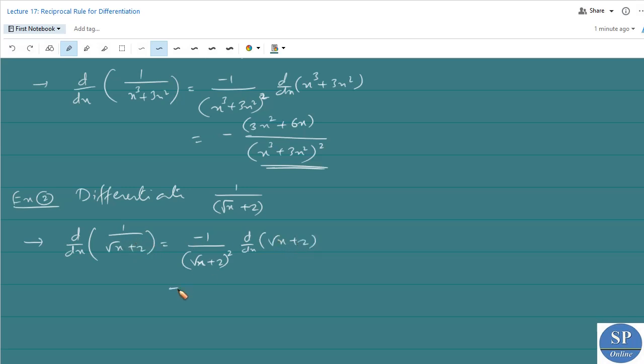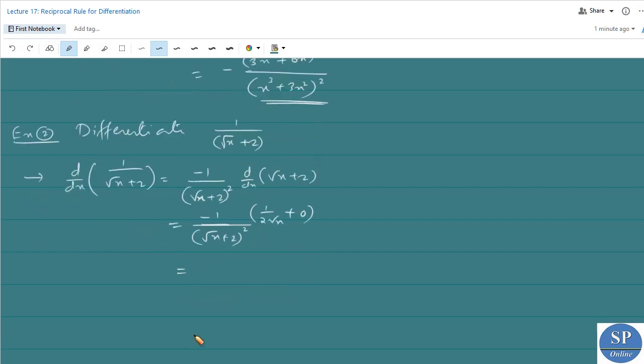So this is equal to negative 1 by root x plus 2 whole square into derivative of root x, which is 1 by 2 root x, plus derivative of 2 is 0. So this is equal to negative 1 divided by 2 root x into root x plus 2 whole square.